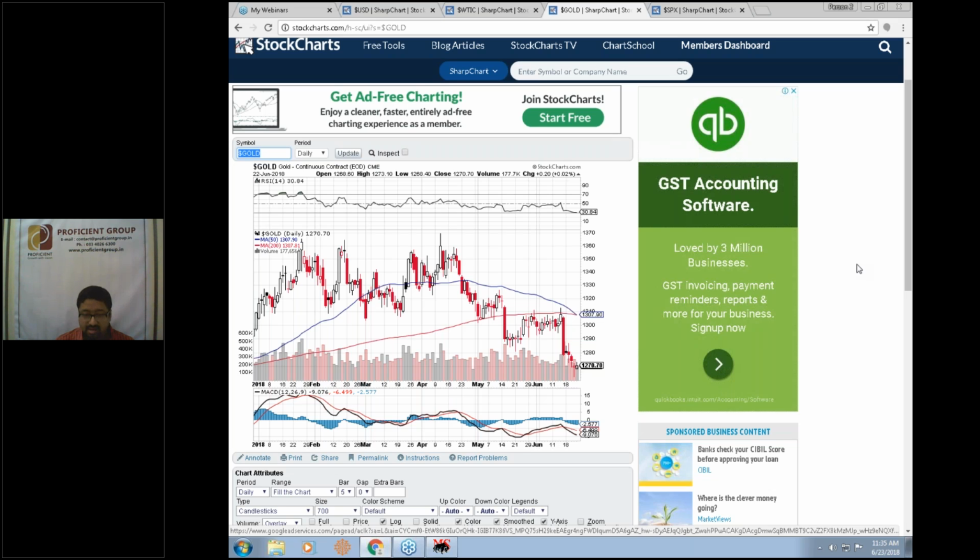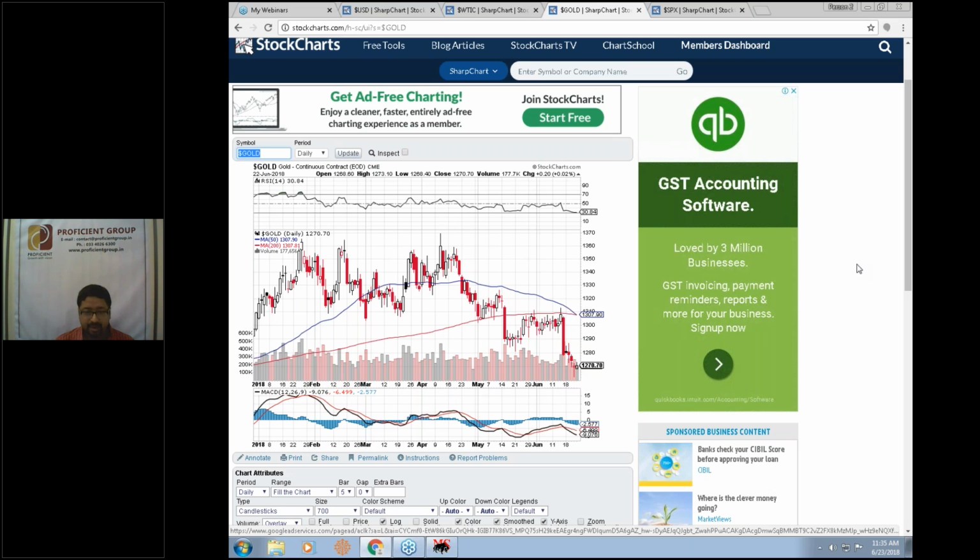And as you can see, a dead crossover is likely to occur in the gold daily chart. The red one is the 200-day moving average, and the blue one is the 50-day moving average. So the 50-day moving average is about to cross below the 200-day moving average, and this is sometimes referred to as a dead crossover, which is a bearish signal, of course.